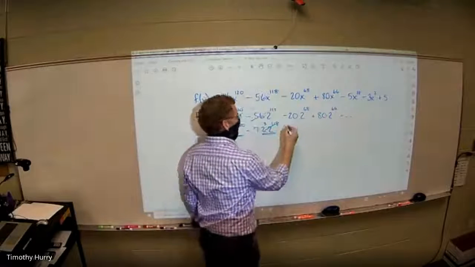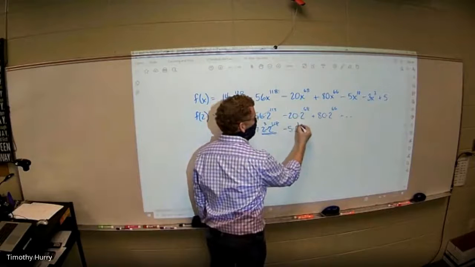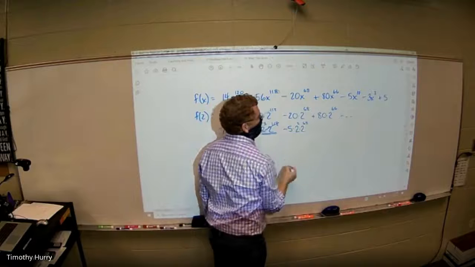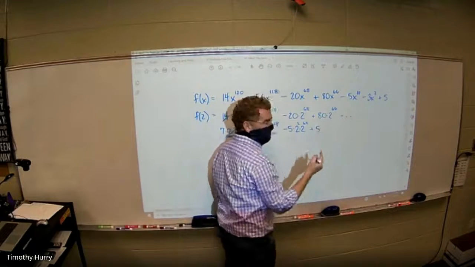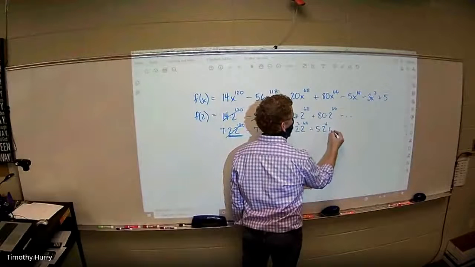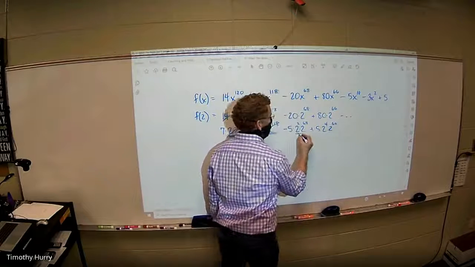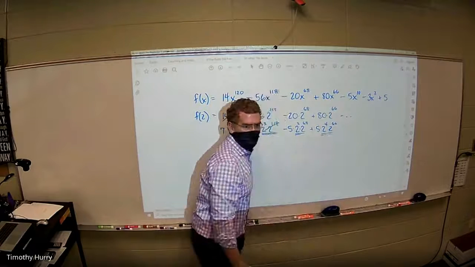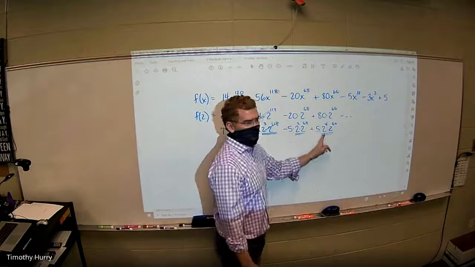But isn't that really -5 times 4, which is 2 squared, times 2 to the 68? And isn't that 5 times 16, which is 2 to the 4th, times 2 to the 66, and that's 2 to the 70th, right? So isn't that really -5 times 2 to the 70th, +5 times 2 to the 70th?